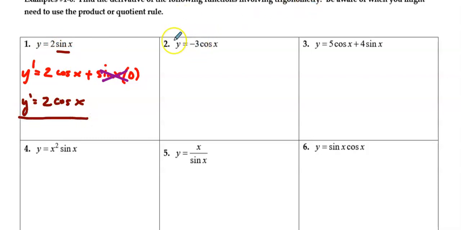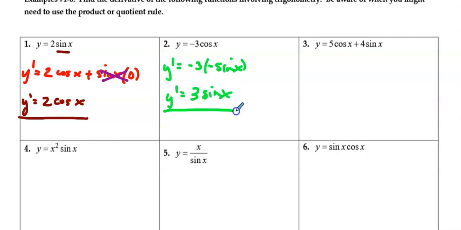For example number 2, y equals negative 3 cosine of x. I leave negative 3 alone and multiply by the derivative of cosine, which is negative sine of x. So this derivative is equal to 3 sine of x.